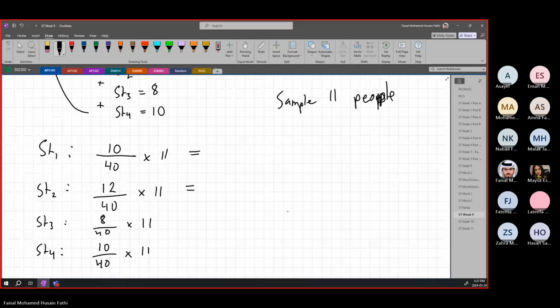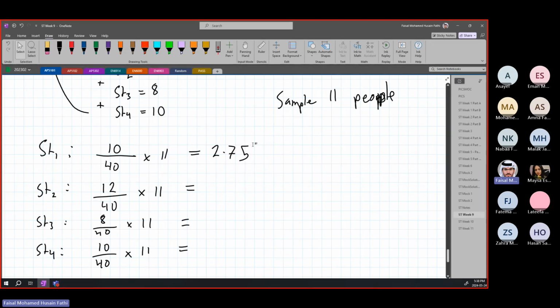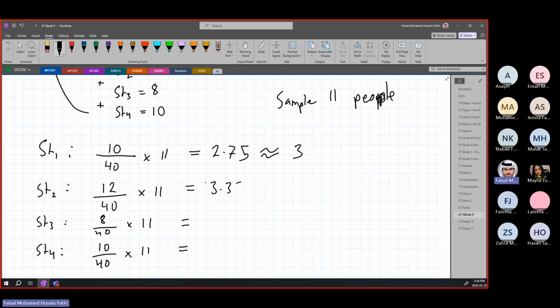If we put all of these in the calculator, we're going to get values. If I put 10 over 40, that's 1/4 of 11, which is roughly 2.75. We cannot have 2.75 of a person, so when we're talking about data with people, we round up. So we get 3 people. Same thing here, 12 divided by 40 times 11, we get 3.33. We just apply the normal rounding method.